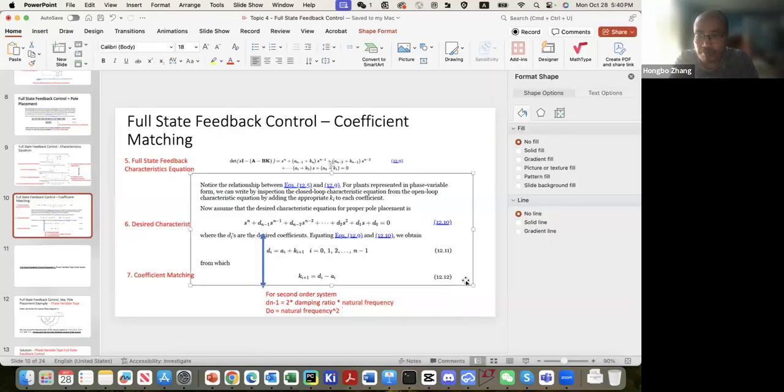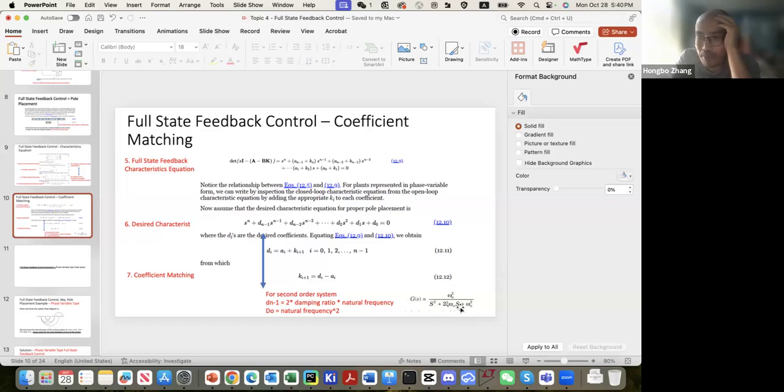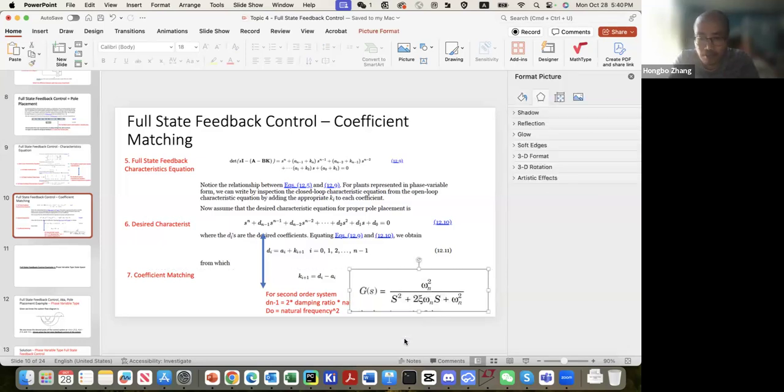You see, right? 2 eta omega s, omega squared, right? Sorry, this looks a little bit not very friendly.